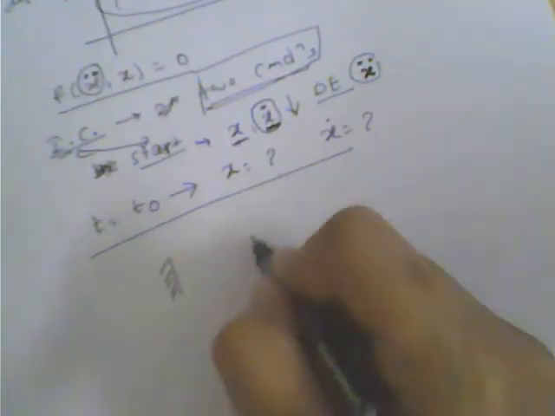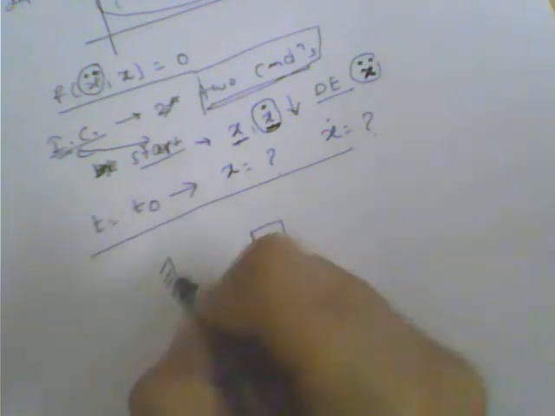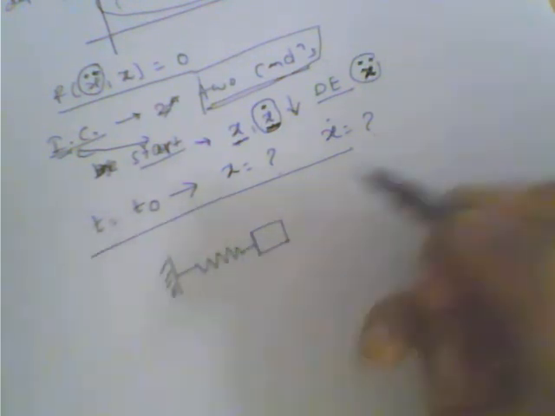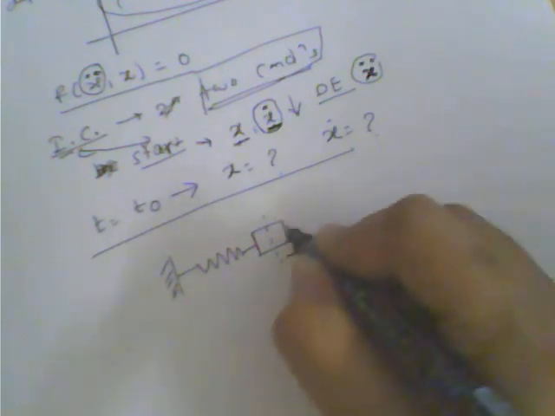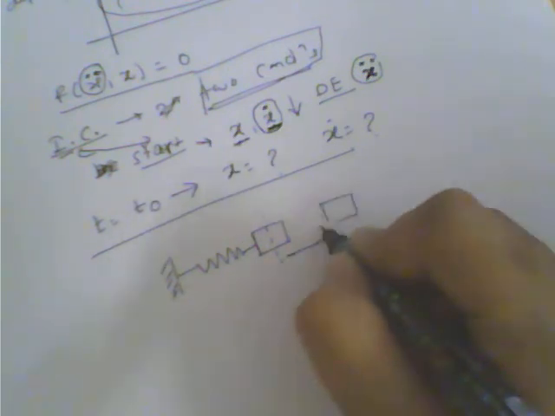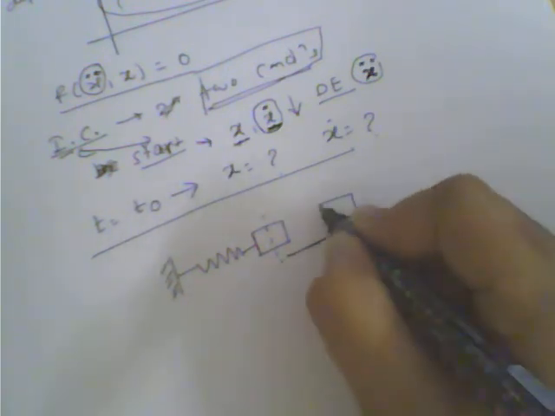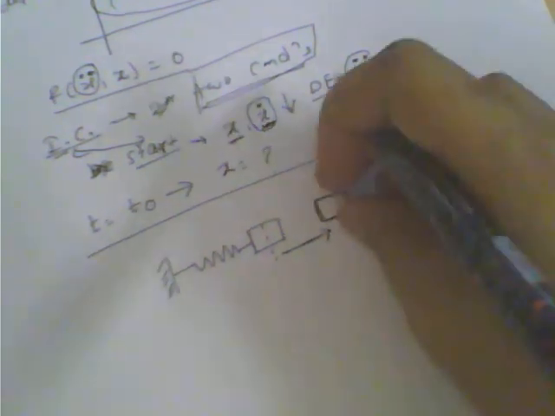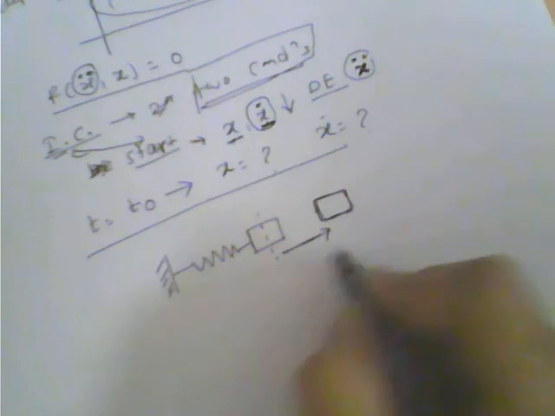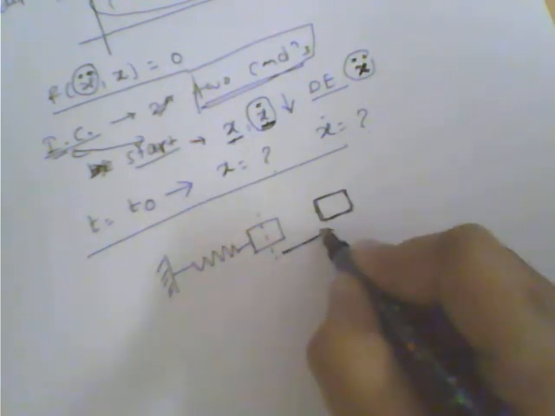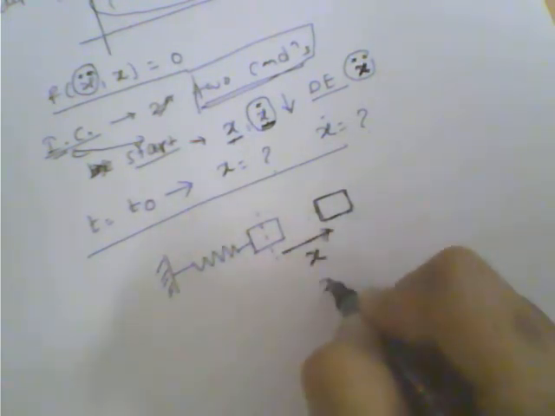Let me draw the system that we are talking about. It's like specifying how much initial displacement you are giving to this mass. Are you bringing this mass and pulling it over here? When you let this mass start its oscillatory motion, how much is x, and is there any x dot?